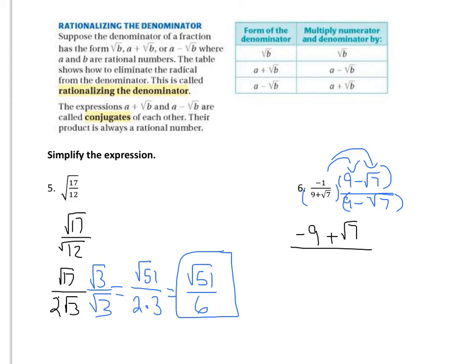What's 9 times 9? 81. 9 times negative square root of 7, negative 9 square root of 7. Square root of 7 times 9, 9 square root of 7. And then square root of 7 times negative square root of 7, negative square root of 49, which is 7. So those end up canceling out. You get negative 9 plus the square root of 7 over 81 minus 7, 74.